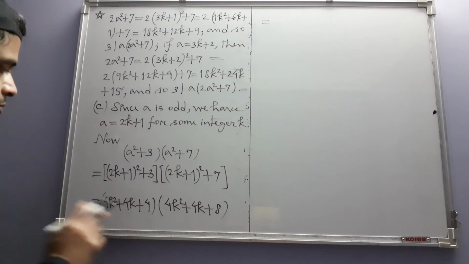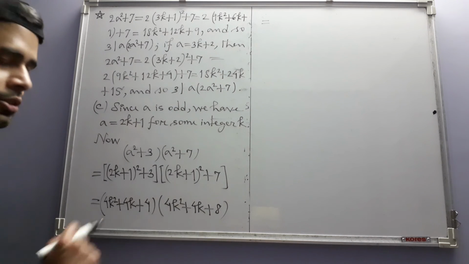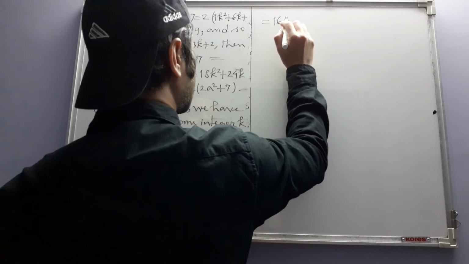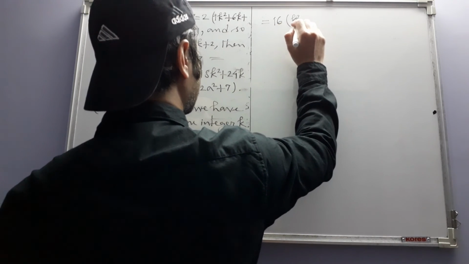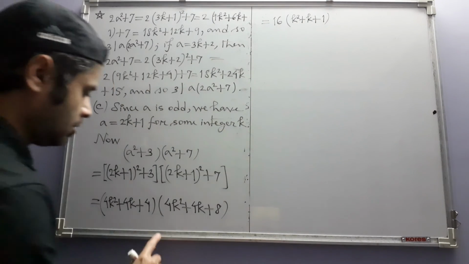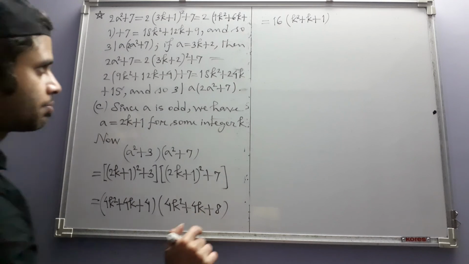We can take 4 common out. Here also we can take 4 common out. So that means 16 times k square plus k plus 1 times k square plus k plus 2.